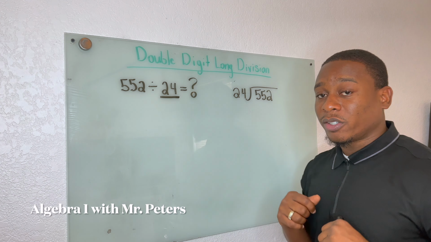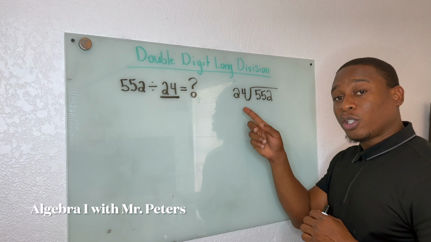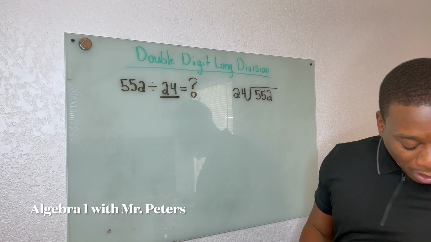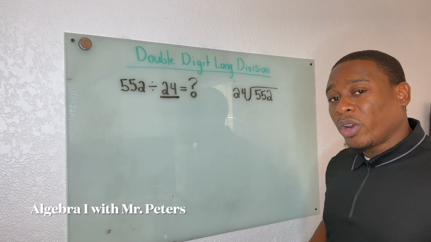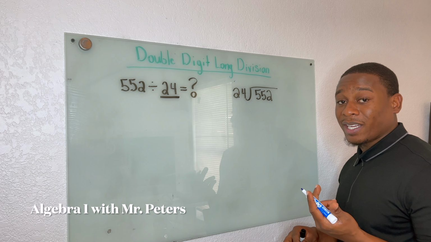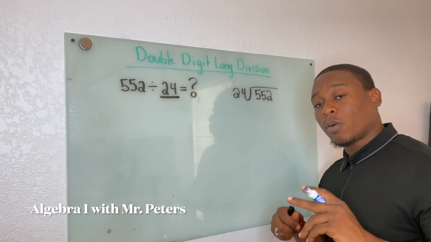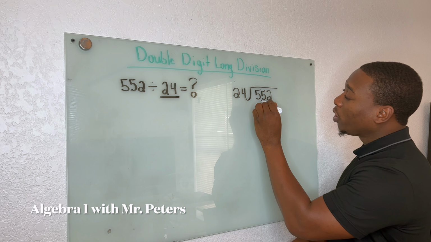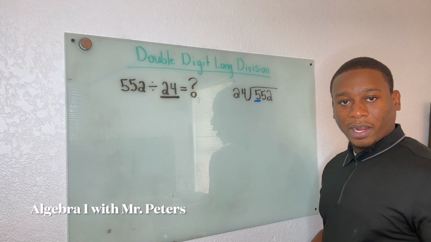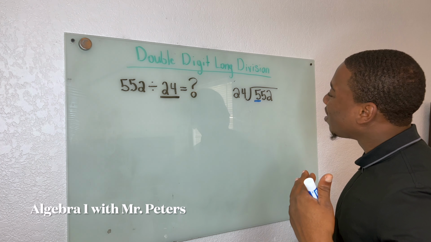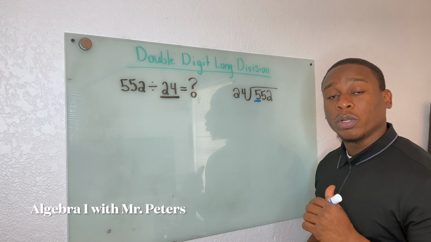So first thing we need to understand is this. If we have a two-digit divisor, 9 times out of 10, that means we're going to want to start off dividing a two-digit number. Normally we'll start off with the first digit, right? But we know that 5 is too small to be divided by 24.